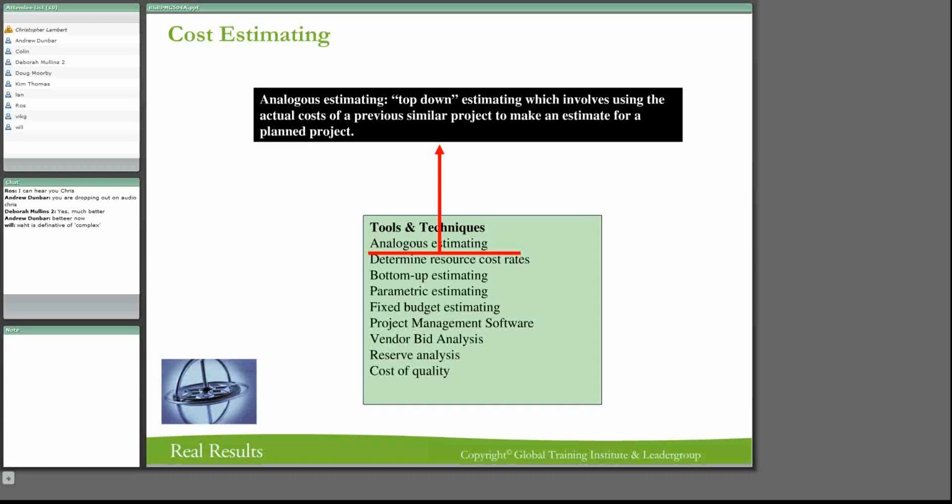I actually do it in the assessments. Let me see if I can find an assessment here quickly. Just one second.